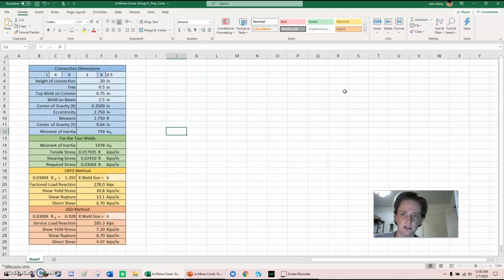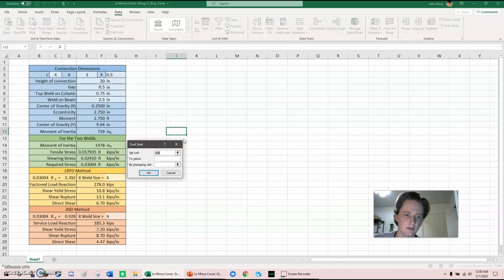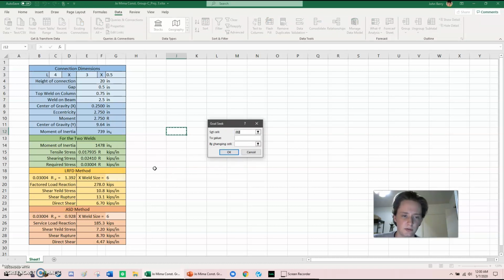Another way is we can use goal seek, if I can find it. And let's say we know how much load is going to be set on a connection, right? So we want to set cell, and let's say we have a value of 100 kips, and then we want to change the height of the connection to match that cell. So let's try this.